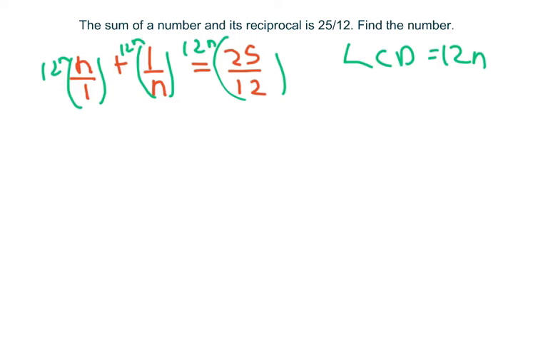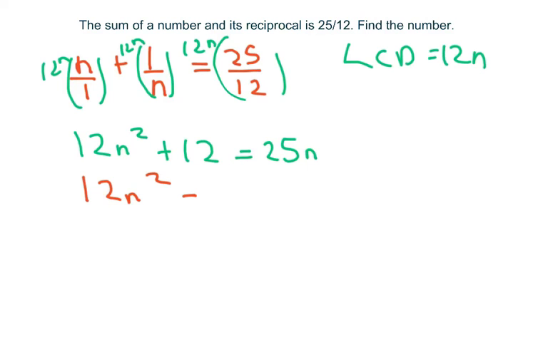And so you're going to get 12n squared plus 12 equals 25n. Now since we have the square here, we have to factor. So I'm going to move everything over and put it in standard form for a quadratic.